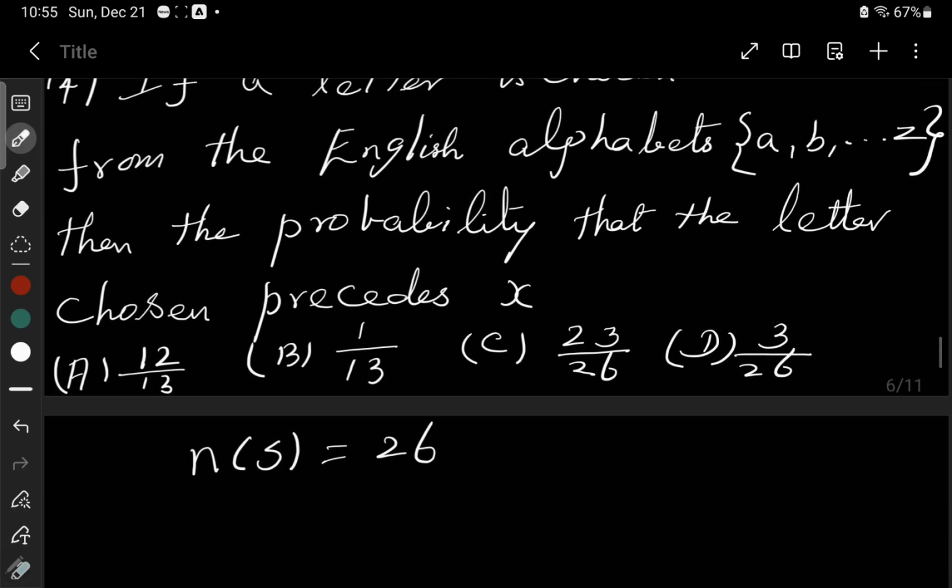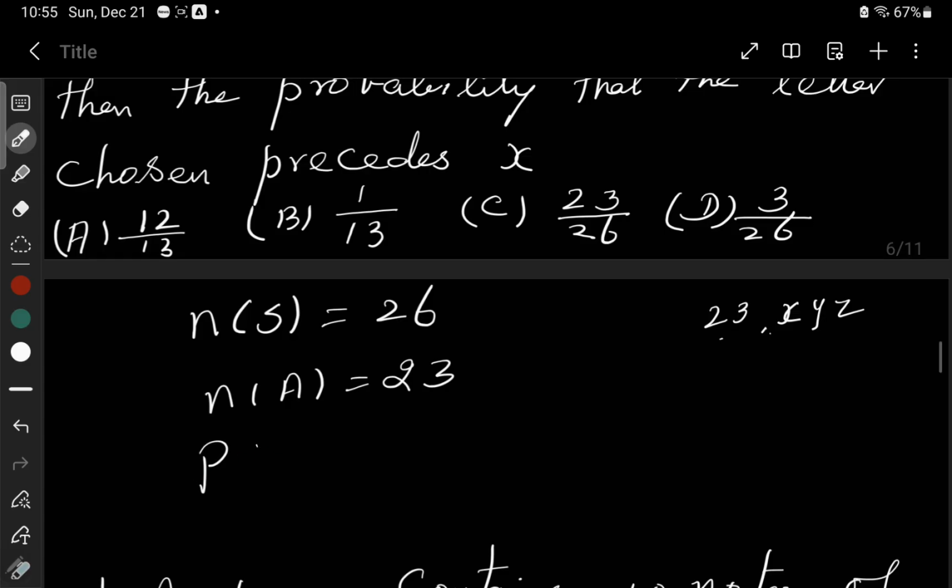From the 26 letters, we are choosing the letter preceding X. After X come X, Y, Z, so the remaining letters precede it. Out of 26 letters, 23 letters precede this X. So N of A is equal to 23.